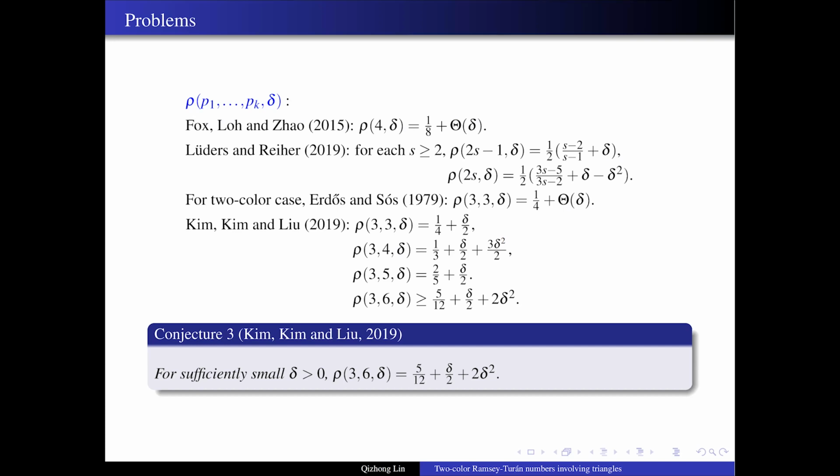Let us have some open problems. In particular, the Ramsey-Turán density rho 3, Q is wide open when Q is greater than or equal to 8. Moreover, another problem is to determine the Ramsey-Turán density for any sufficiently small delta.